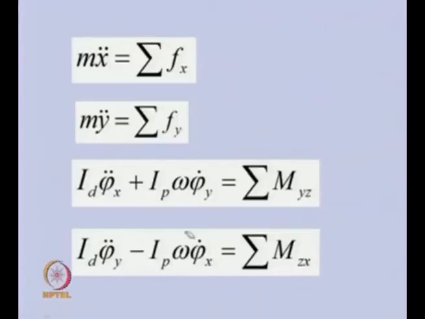These expressions we derived in today's lecture also. So basically we need to obtain the effective stiffness, the bending stiffness the bearings are providing. If we can obtain that, then our equation of motion can be obtained.